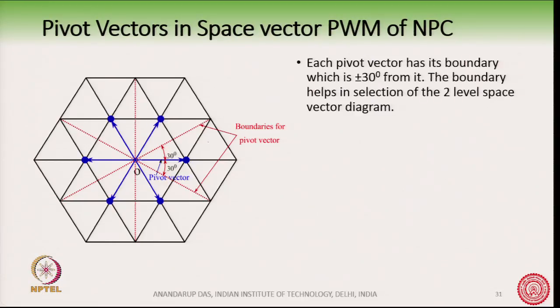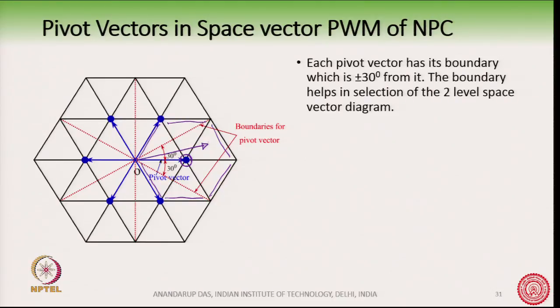If the reference vector is here, I will switch this hexagon with the pivot vector here. This is the pivot vector and I will switch this hexagon, which is given by this, this, this, this. So, this will be like a conventional 2-level space vector diagram.